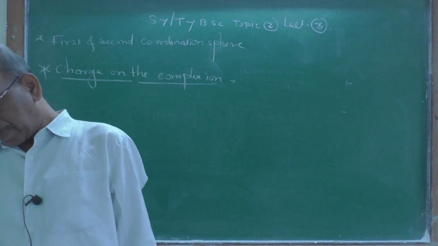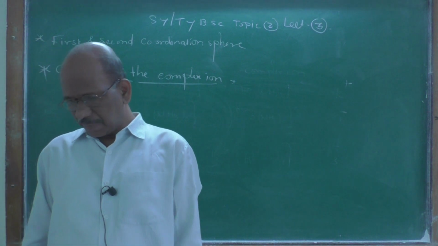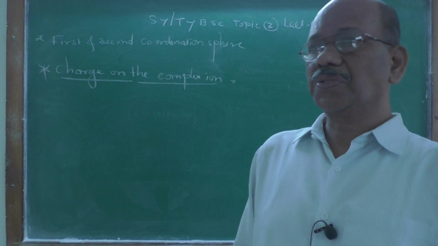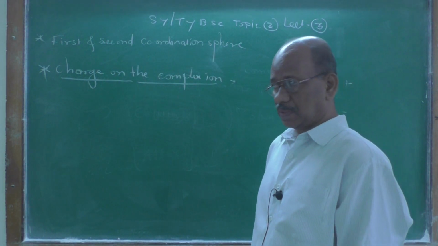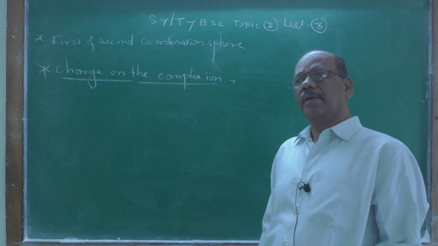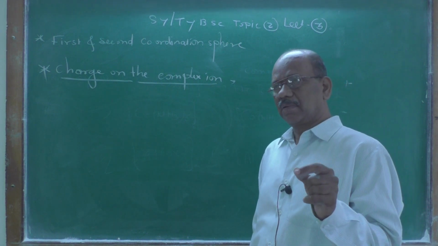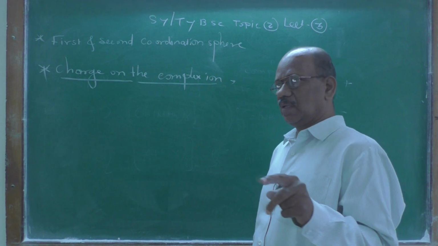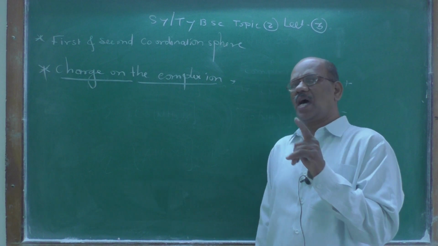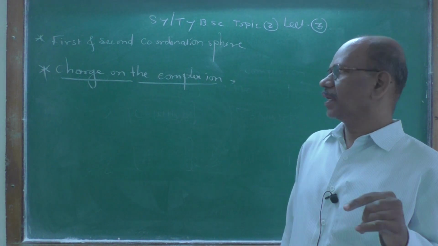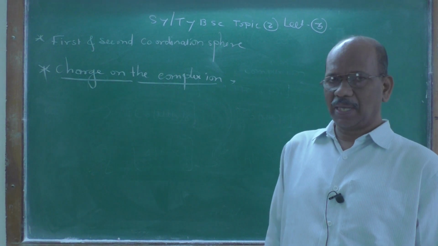The charge on the complex ion is the algebraic sum of the separate charges of the constituent ions. When you consider a complex ion, it contains a metal atom or metal ion and ligands. So if we add the charge on the metal plus the charge on all the ligands, we get the charge on the complex ion.